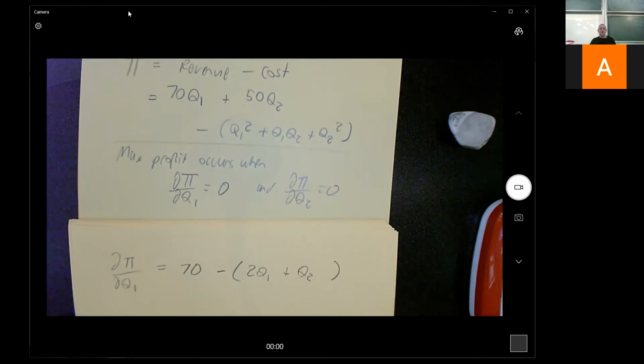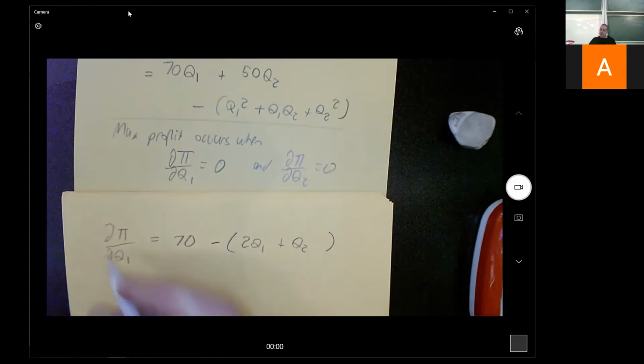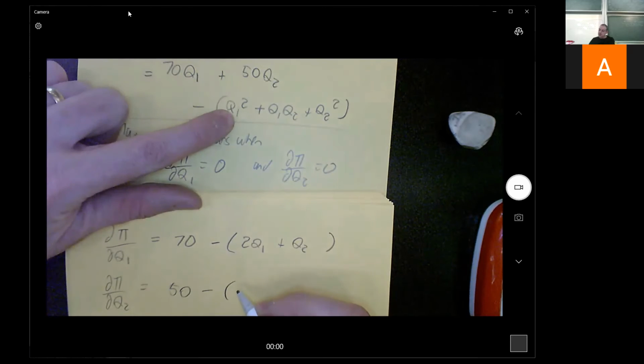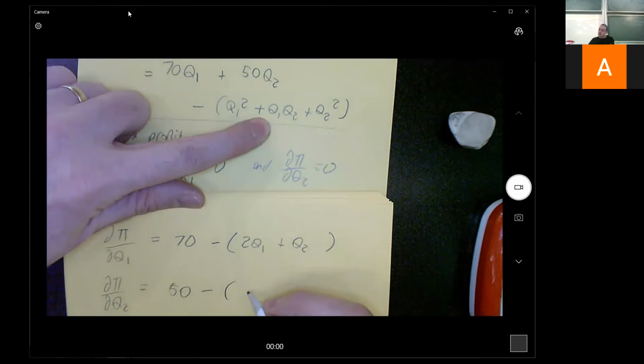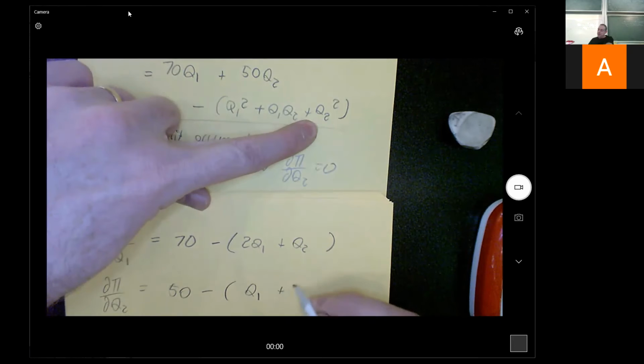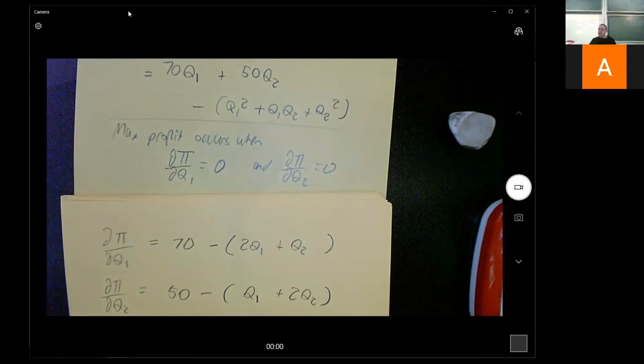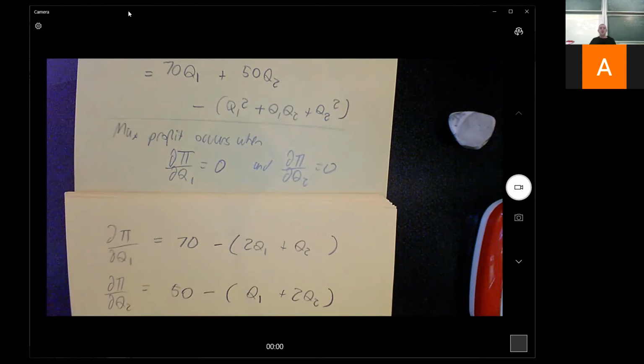Okay? And d pi on dq2 would be 50 minus, that doesn't have a Q2. The derivative of that with respect to Q2 would be Q1, and that would be 2Q2. And this derivative, yeah, we did that. So I need both of those to be 0 at the same time.